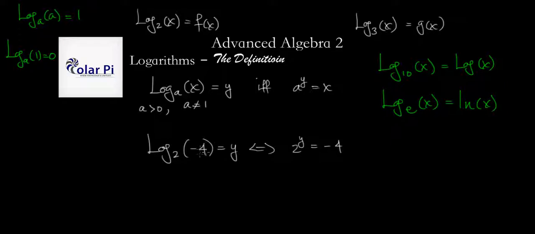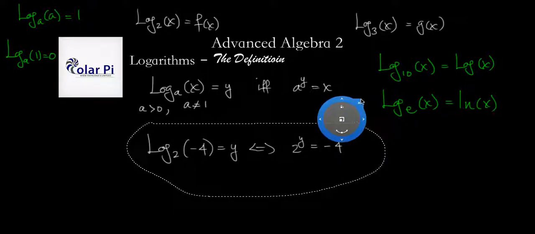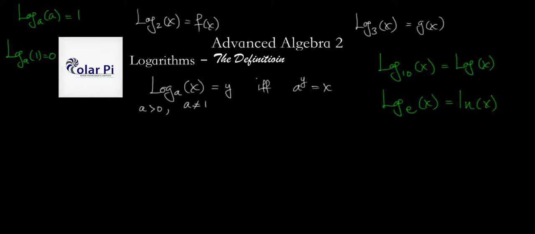So we see, although I'm only using one example, that negatives are not allowed. So the domain of logs, which is the permissible x values, is greater than 0. Any x value greater than 0 is permissible, but not anything else. So the domain of log x is all x greater than 0.